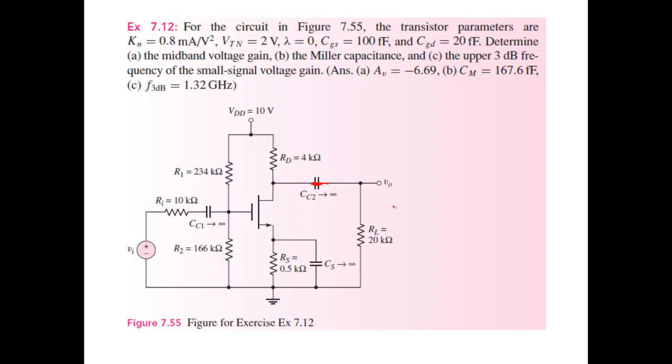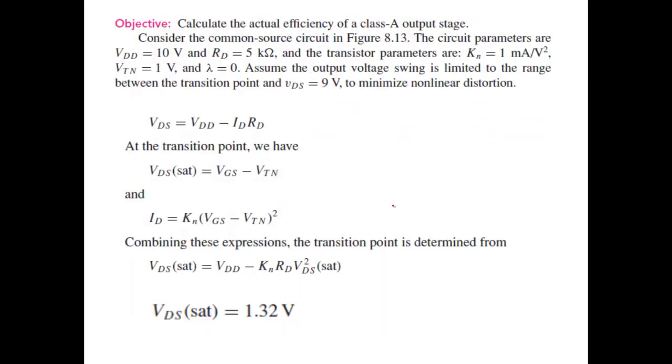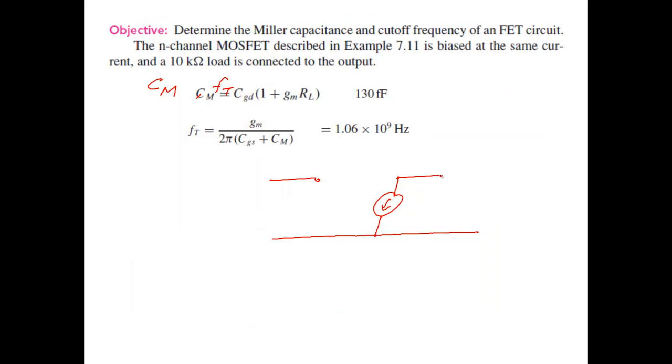The output capacitance acts like a short for you, and obviously your VDD will be ground, and this is also short. Basically you don't have this resistor. So at the output side you have RD and RL in parallel. That's my V0. This is basically gm VGS and VGS.